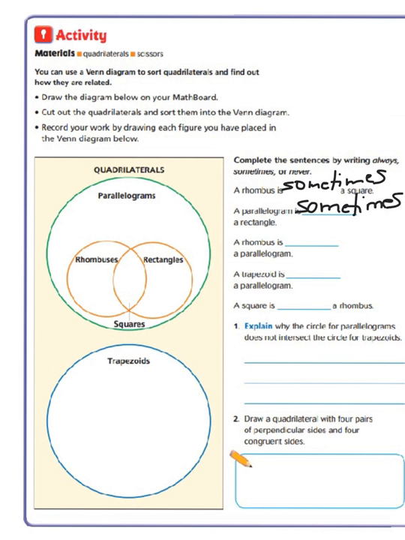A rhombus is always a parallelogram. A trapezoid is never a parallelogram. A square is always a rhombus.